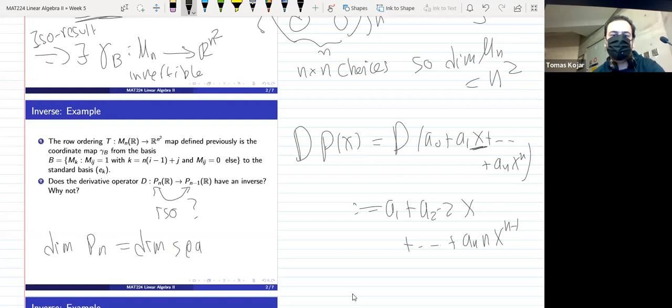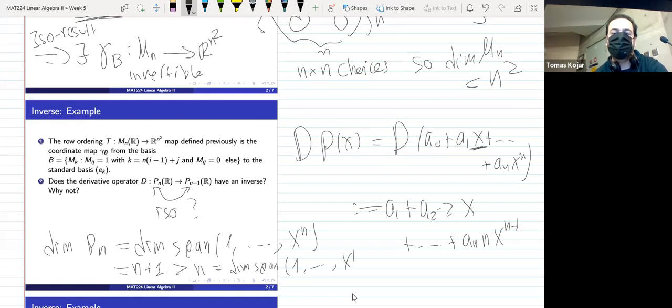This is the dimension of the span of 1 through xn. And there's n plus 1 elements, which is strictly bigger than n, the dimension of the span of 1 through xn minus 1, which is the dimension of Pn minus 1. So there can never be any isomorphism.